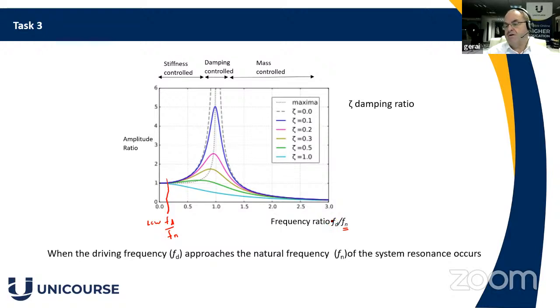So you get a frequency ratio of 1, and that gives rise to resonance of the side of the bus, and that's why the side of the bus tends to vibrate more when it's at idling speed. Obviously not an ideal position to be in. If you rev the engine a little bit, all that resonance on the side of the bus would stop because you've increased the driving frequency.